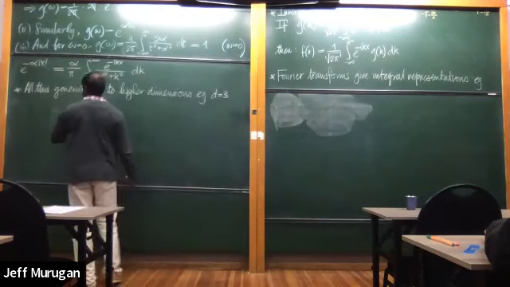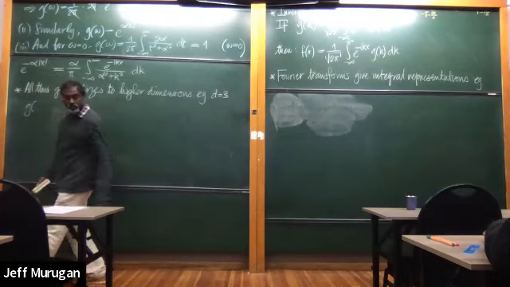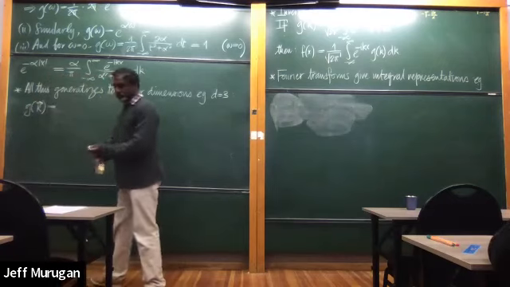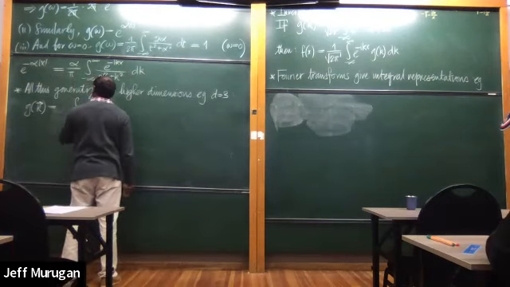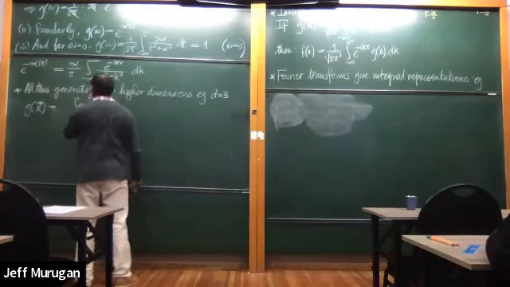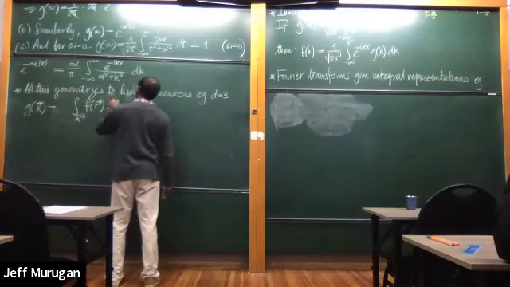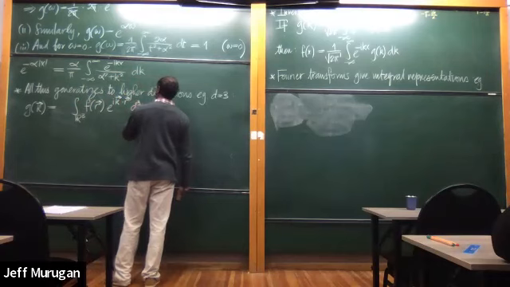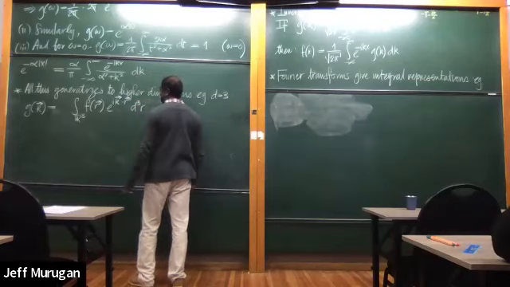I would have some function f of, let's say, r, where r will be the position vector, and I would do an integral over p-dimensional space, so x, y, and z, of f of r e to the i k dot r dV of r.